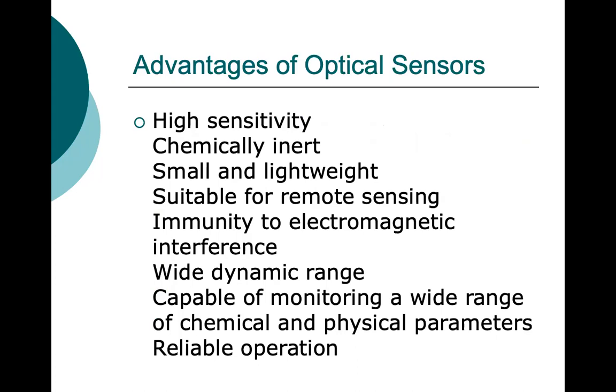There are of course issues using optical sensors. Anything that interferes with light can be a possible interfering substance. Anything that interferes with light or with colors will be an interfering substance.